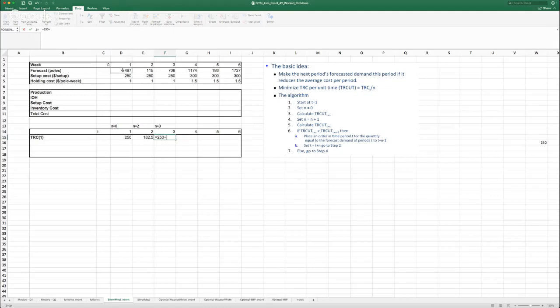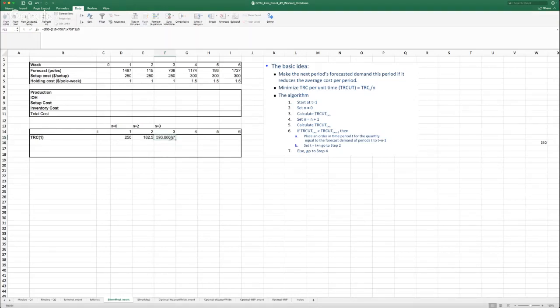So the inventory at the end of time period 1 will be equal to 115 plus 708 into the holding cost, and the inventory at the end of the second period will be equal to 708 into the holding cost. Sorry, since this is per unit time, we need to divide it by 3.